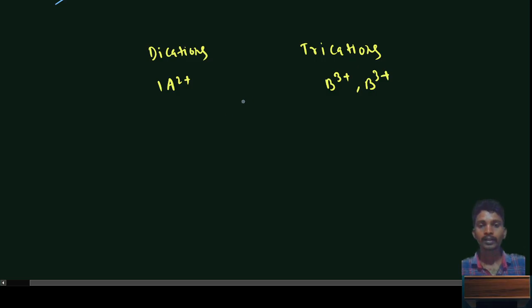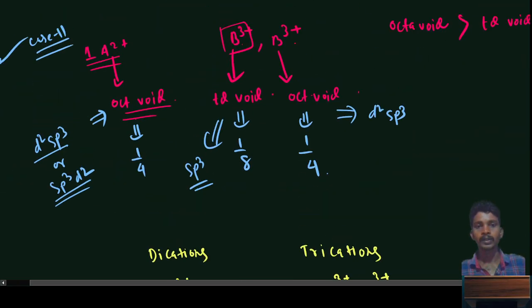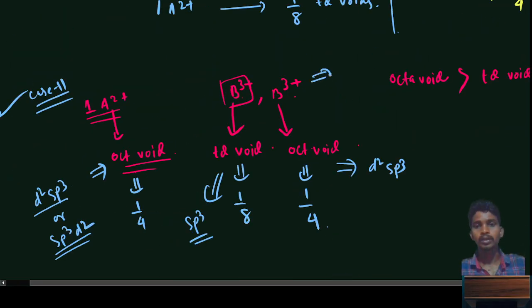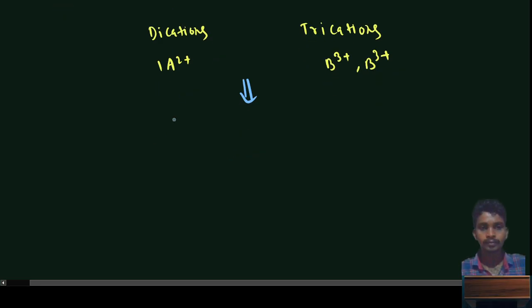So if it goes like this, then we will say that this is the normal spinel. And if it goes the second way, then it is the inverse spinel.